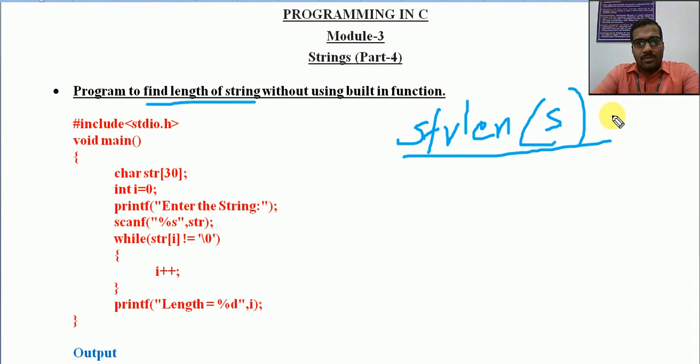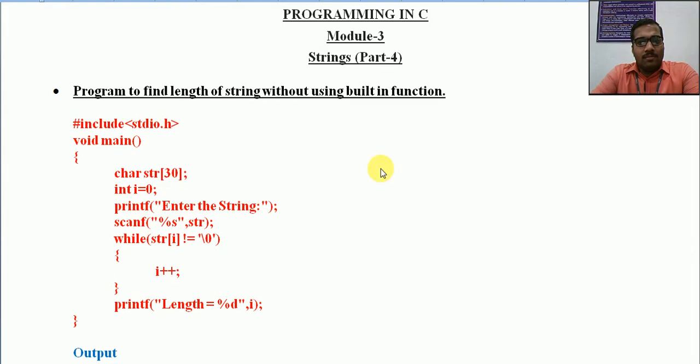This is a very simple way in which we can find the length. For larger programs where we require the length, we can directly use strlen. But we should also know how we can find the length of a string without using strlen. So let us see the example program.